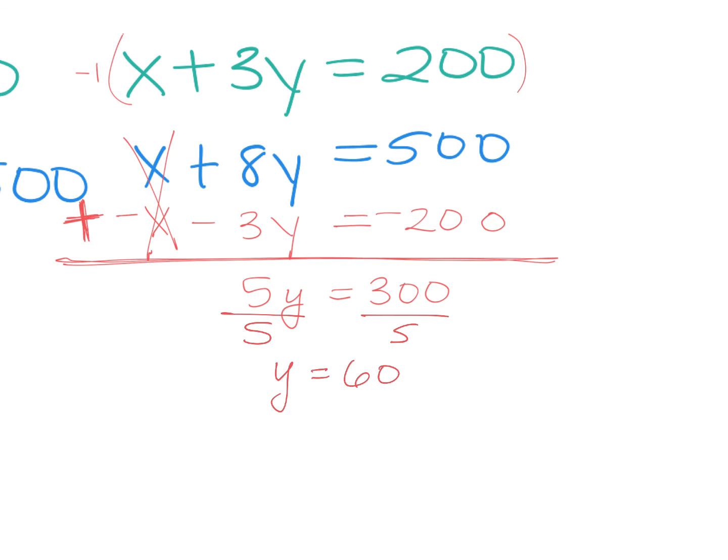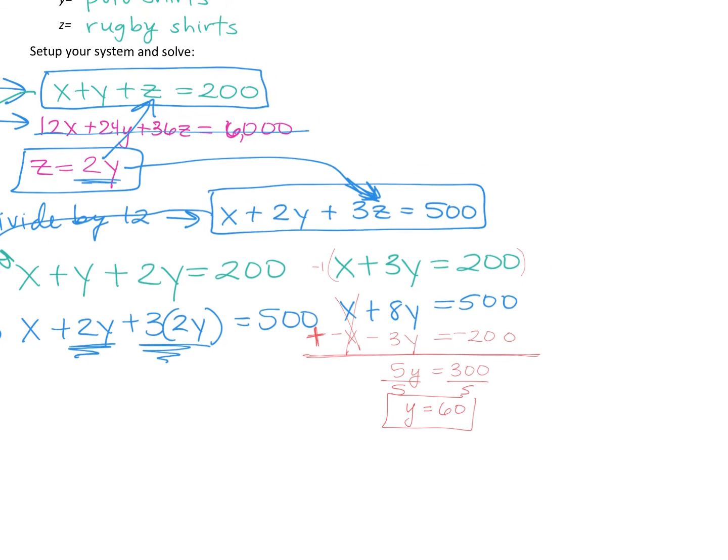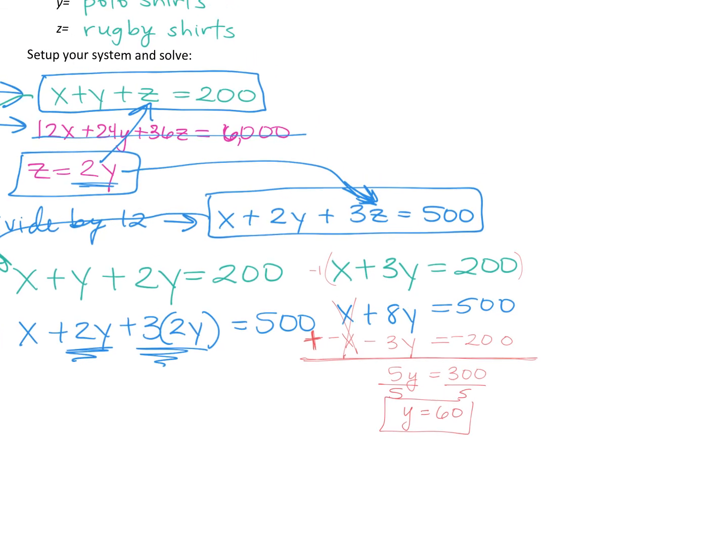Okay, Y is 60. Zoom back out here. What can we do with Y is 60? You can do Z. Plug it into which one? Z equals 2Y would be your easiest option. So if we plug it in here, Z is equal to 2 times 60, so Z is 120.